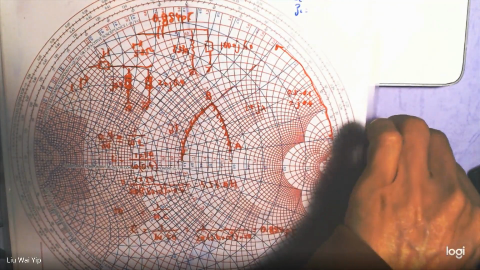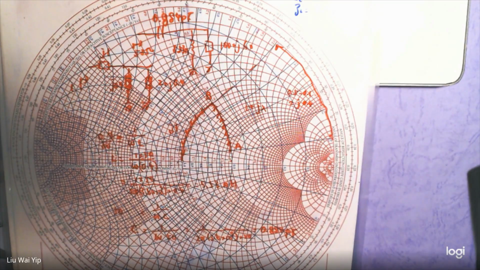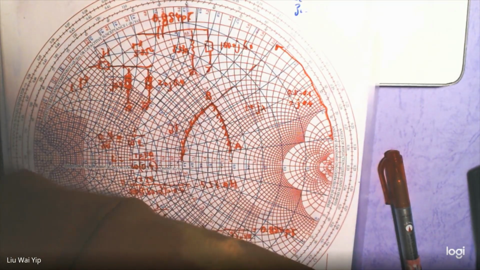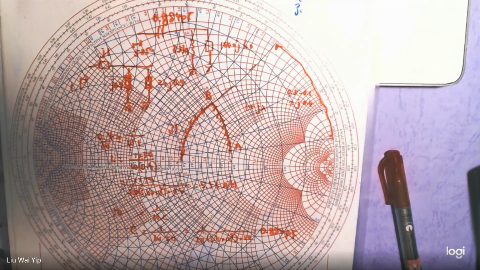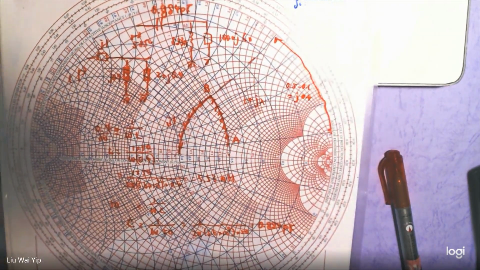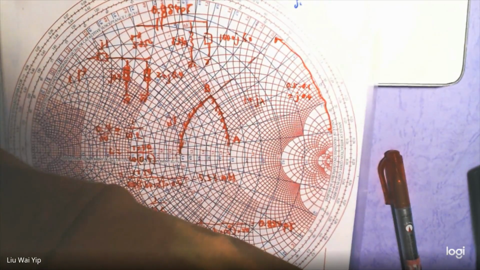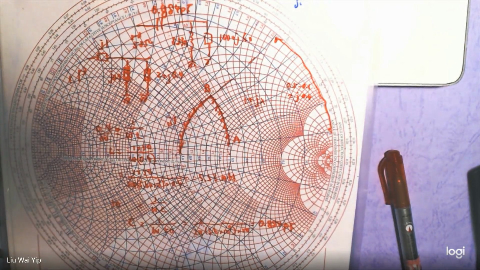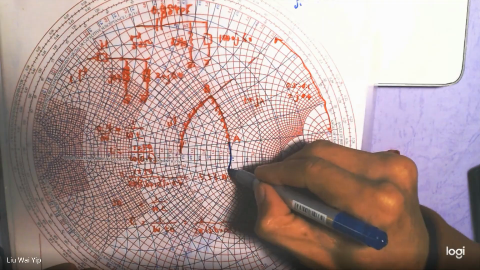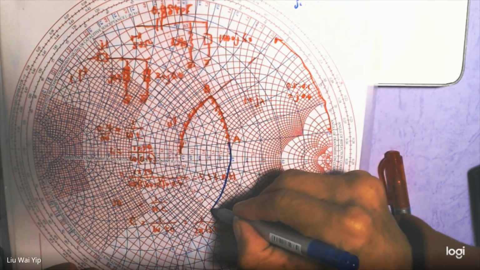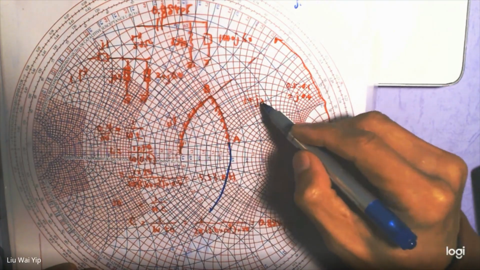The second solution will depend on how you match. You have to go in the opposite direction. Let me check the pen. The second solution, you will need to go from here and then in the opposite direction until you reach the 1 plus j circle.